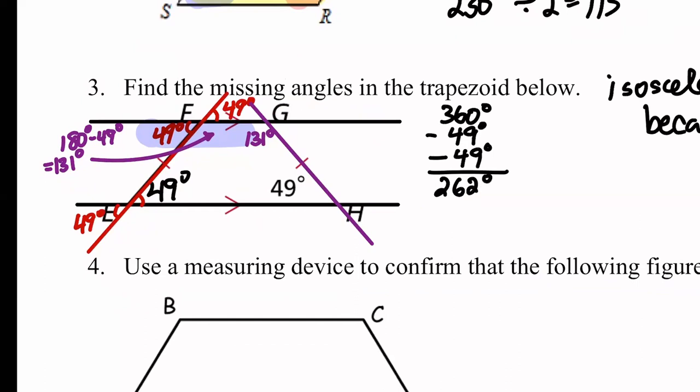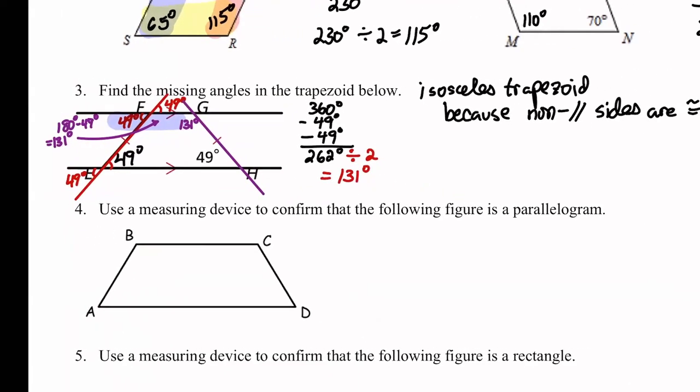And then dividing that by 2. And you get your 131 degrees there, right? Knowing that it's got to happen twice because those two angles are congruent gets you the remaining two angles, right?